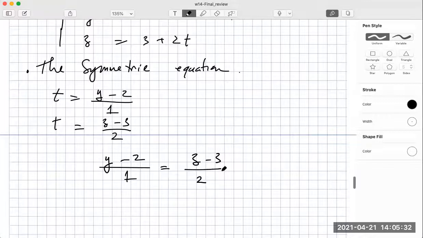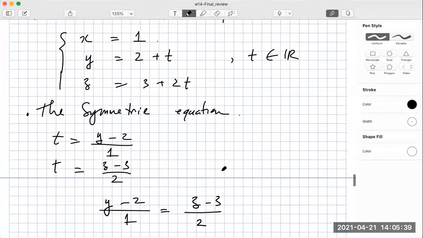Is it enough? How can we deal with the x? Go back to the notes. Do you still have it here? Take a look at the notes of chapter 12.